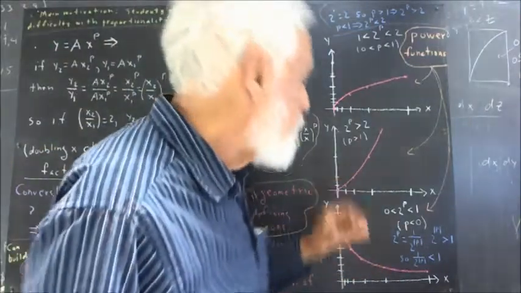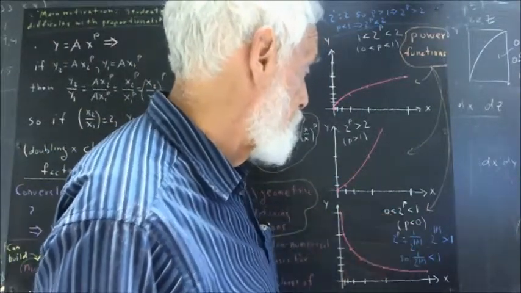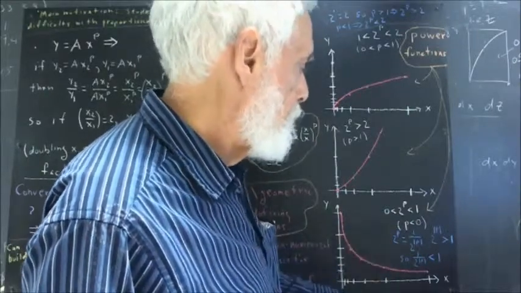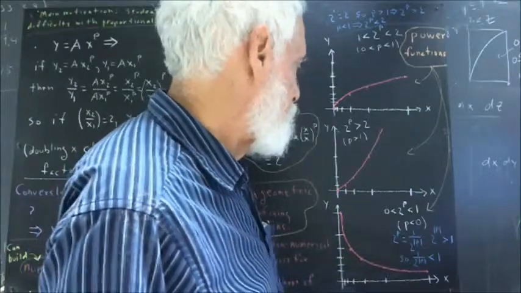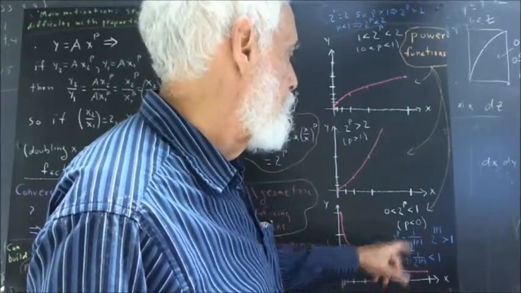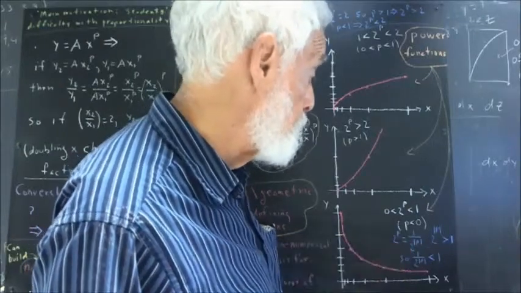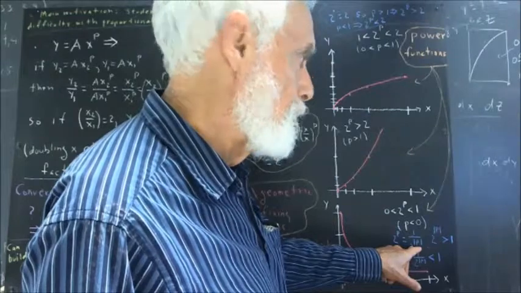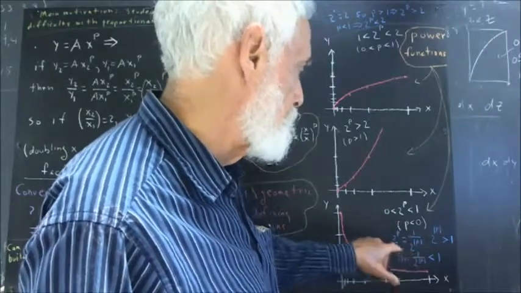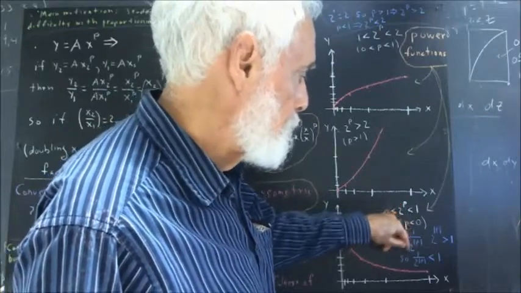And we could write that as, if p is less than 0, 2 to the p equals 1 over 2 to the absolute value of p. So 2 to the negative 2 is 1 over 2 squared, or 2 to the negative 3 is 1 over 2 cubed. If p is negative 3, the absolute value of p is 3, so that's exactly what this would say.